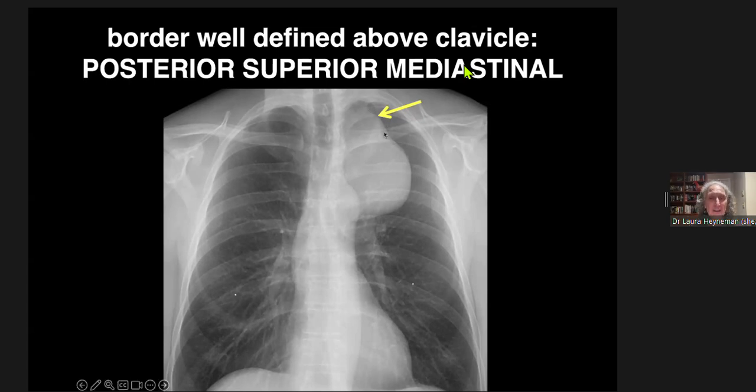When it is sharply well delineated above the level of the clavicles, that places it in the posterior mediastinum. If it is poorly delineated with very ill-defined margins above the clavicle, it's more likely to be in the middle mediastinum.